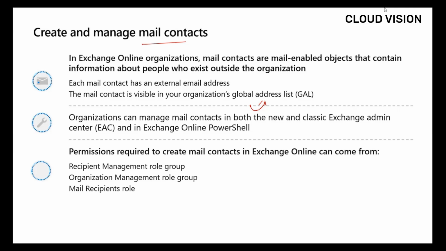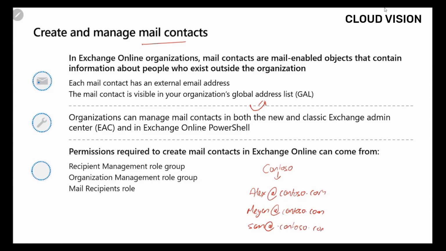Right. So let's say I have an organization over here named Contoso. Now, Contoso has some recipients that are created within it, maybe Alex at contoso.com, Megan at contoso.com, Sam at contoso.com.